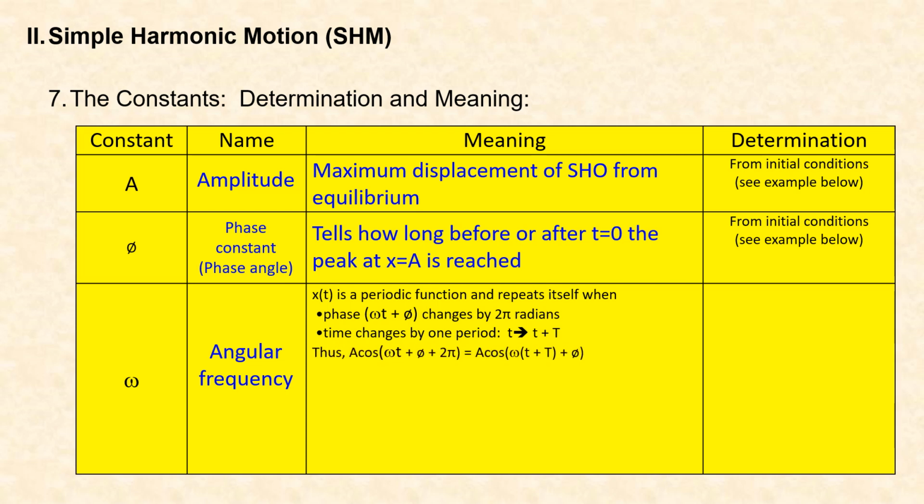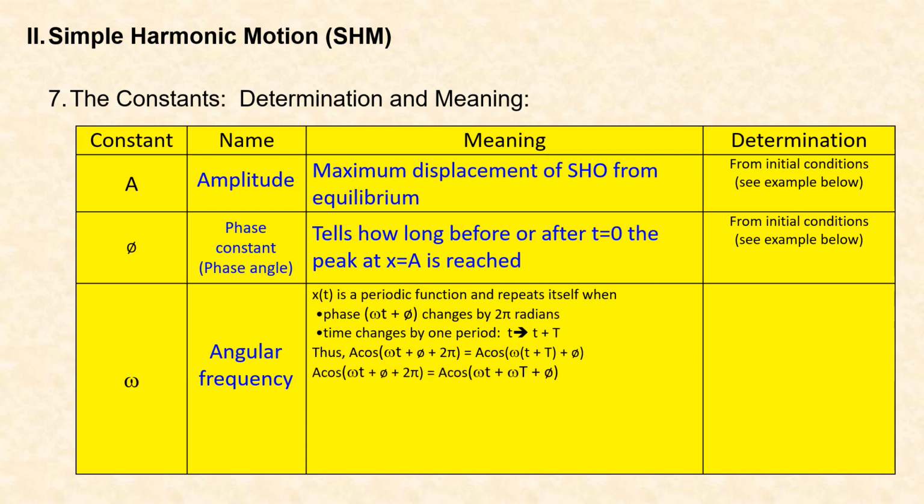When we look at our equation of motion, we're saying that our oscillator will have a given position, A cosine omega t plus phi. If we change that phase by 2 pi radians, that would be completely equivalent, doing that on the left-hand side, to changing the time by 1 period on the right-hand side. So these two expressions give us exactly the same position for the simple harmonic oscillator.